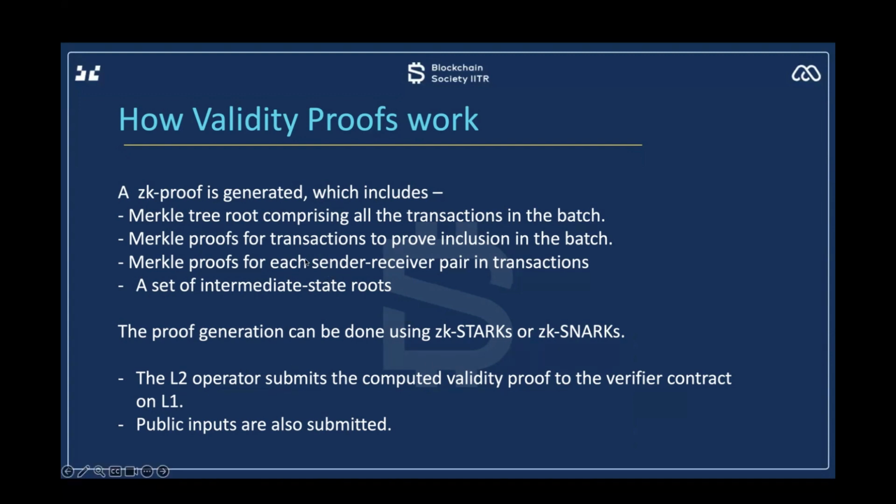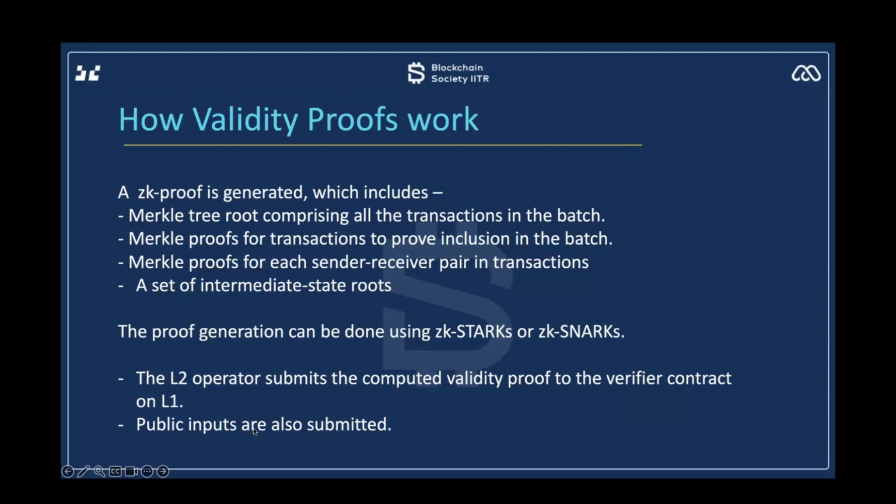Now, how is this proof generated? There are many techniques like ZK STARKs and ZK SNARKs. There will be a complete lecture on how these techniques work and how we generate the proofs. I'm just explaining what is included in the proof, and STARKs and SNARKs we will discuss later.